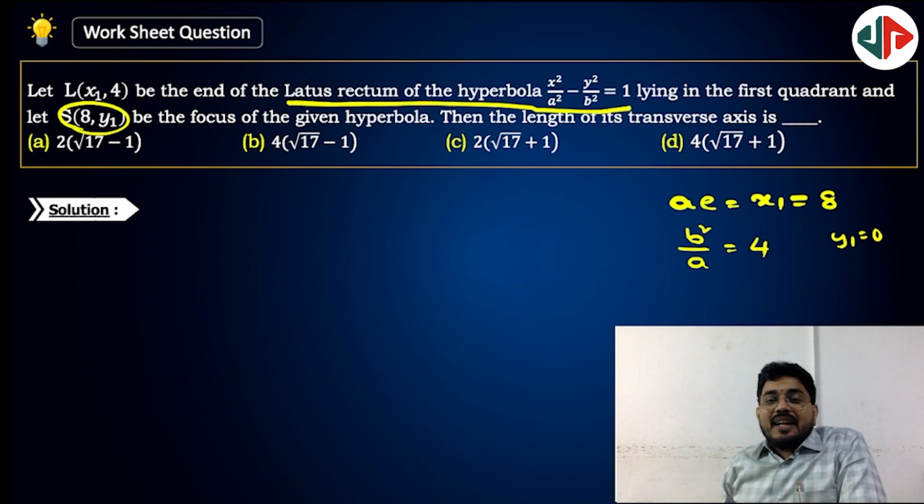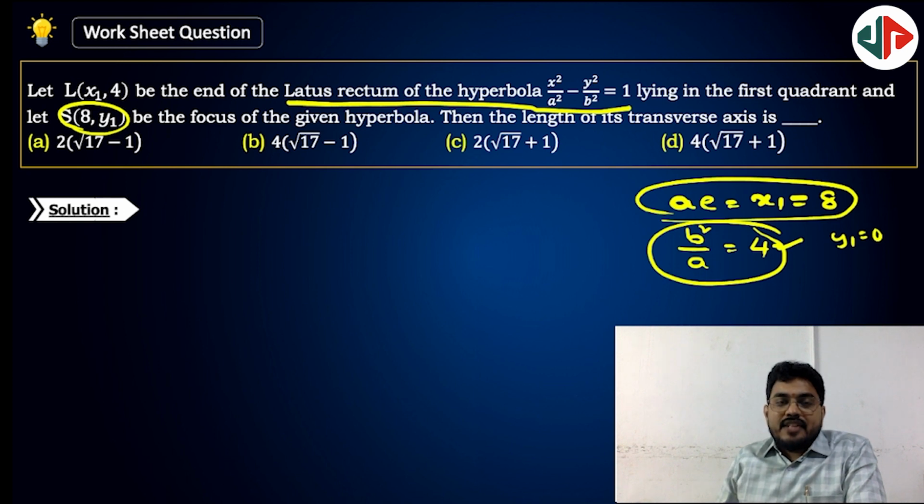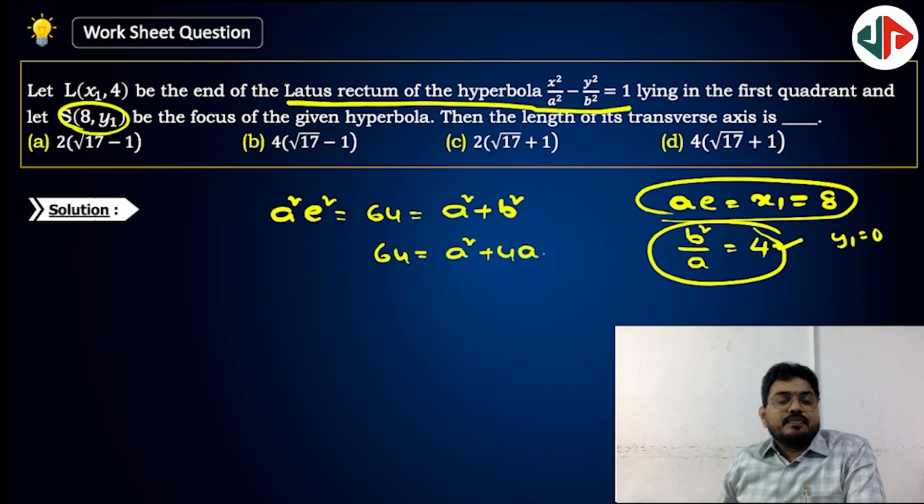So what is this one? I got it as ae and this value. They are asking the length of the transverse axis. So b square by a is equal to 4, ae is equal to 8. So a square e square is equal to 64, which is a square plus b square. So 64 is equal to a square plus 4a.